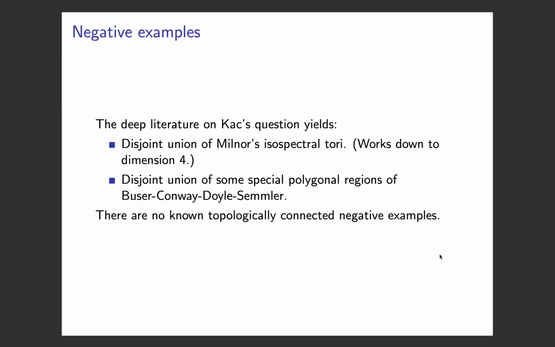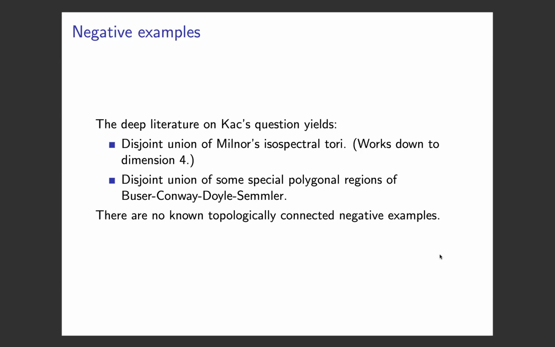One big example is the disjoint union of Milnor's isospectral tori. I believe that you can actually find the isospectral tori down to dimension 4, but not 3. And so there's at least 4-dimensional topologically disconnected counterexamples.